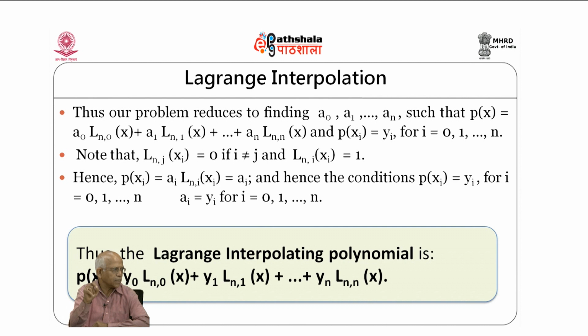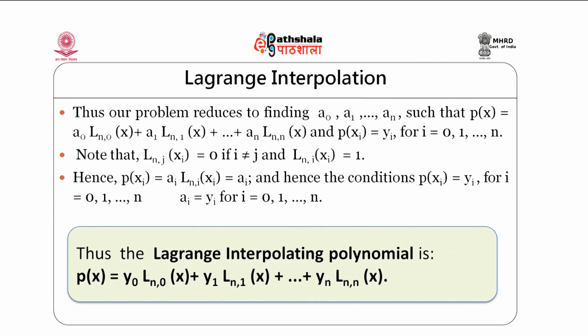So, we are given n plus 1 conditions and we have to determine n plus 1 unknowns a 0, a 1, a 2, a 3, up to a n, and these we can now determine depending on the properties of l n j. So, what are the l n j's? If you consider l n j x i, that will be equal to 0 if i is not equal to j, and l n j x j will be equal to 1.